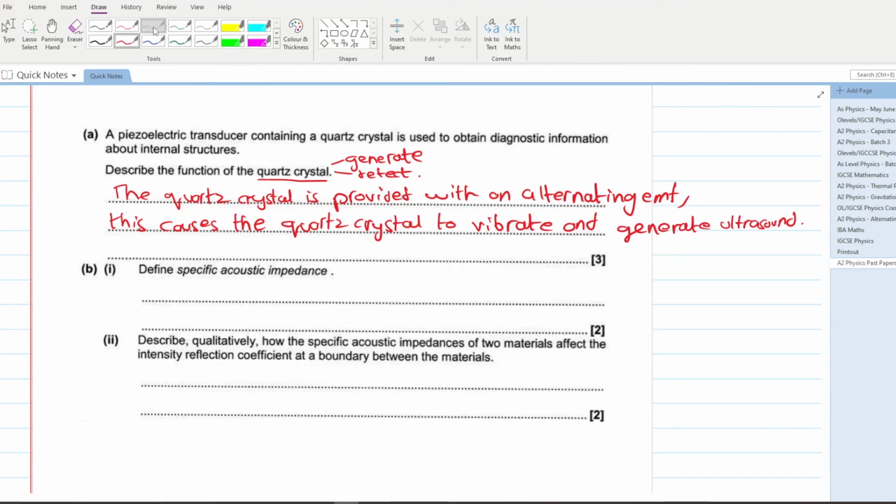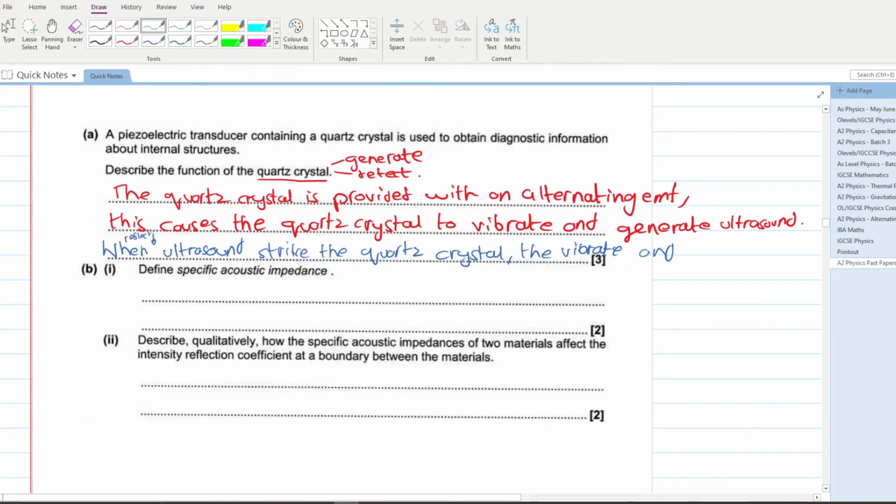Now here you can see this is a 3 marker question, so you have to tell about the detection of ultrasounds as well. When ultrasounds strike the quartz crystal, they vibrate. Here you can add the word reflected as well, so that the examiner will appreciate this.